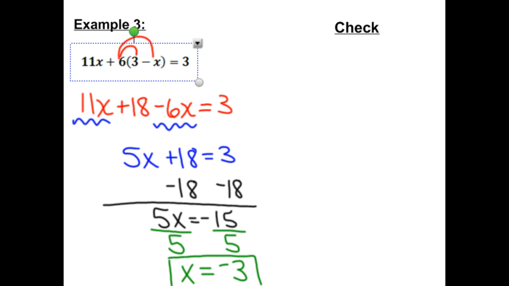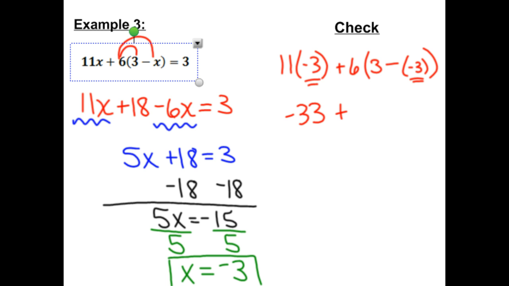And finally, we're going to check that just to make sure we haven't made any mistakes with our arithmetic or our signs. So we're going to do 11 times that negative 3 plus 6 times 3 minus that negative 3. 11 times negative 3 is negative 33, plus 6, we're going to work inside the parentheses, and 3 minus a negative 3, that becomes 3 minus a negative, turns into a plus. 3 plus 3 is 6.